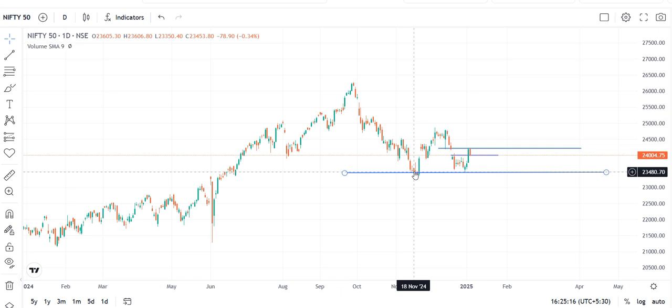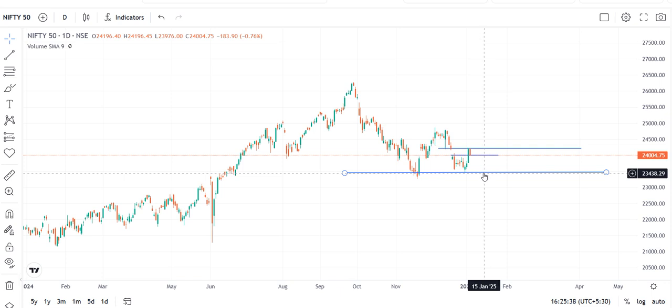And what is that number? 23,450, we should say. And if it breaks this level, because this has not been broken, then you can see a sharp downward movement, and then you can enter if you find.